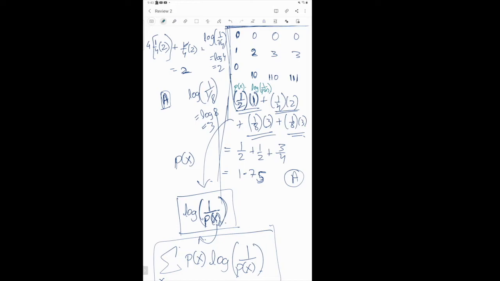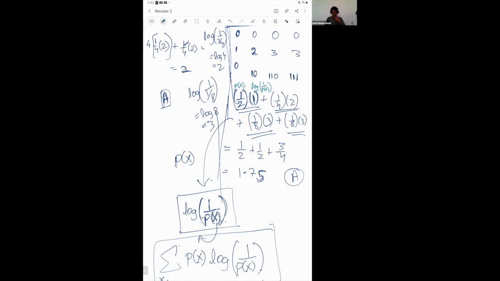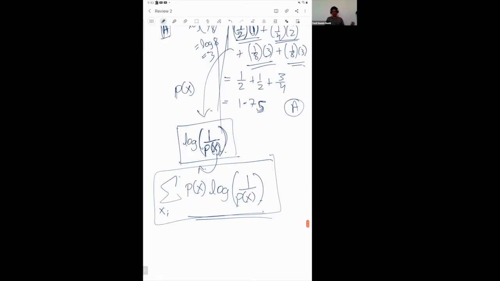Let me understand what you are saying. It is correct: if I tell you that some event has occurred which has a very high probability of happening, then the information that I provided to you is comparatively low. It's similar to saying, tomorrow an earthquake is going to happen in India.